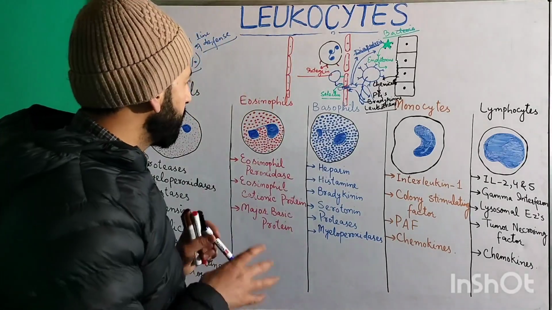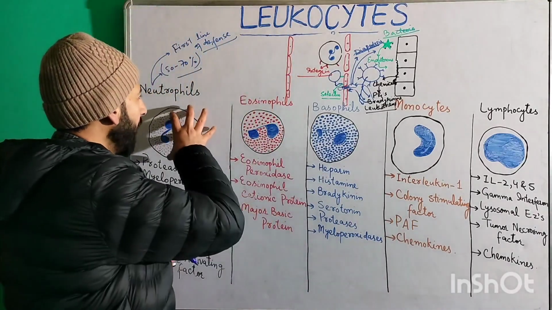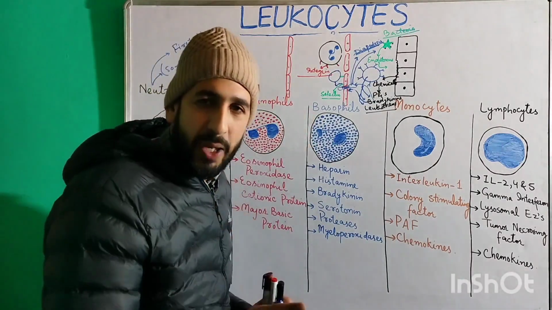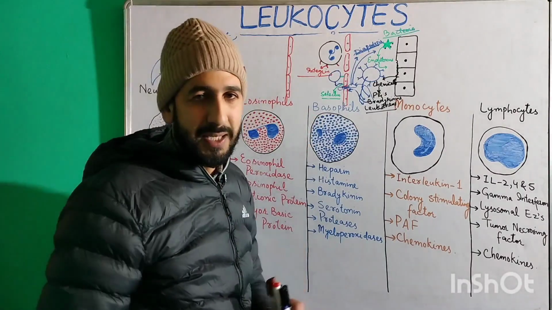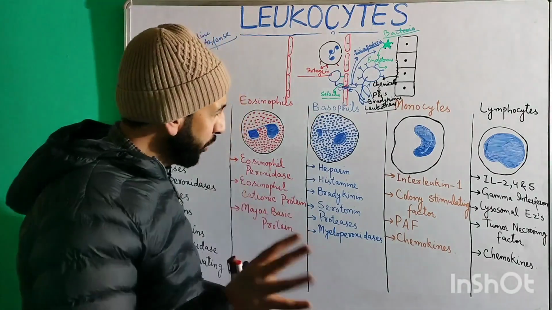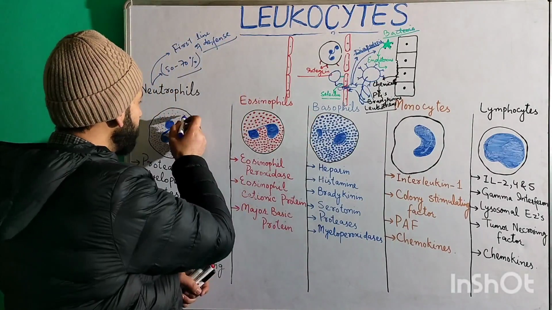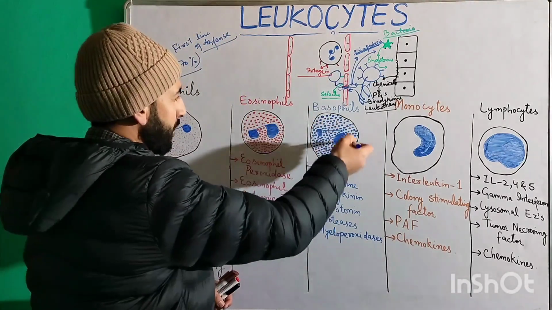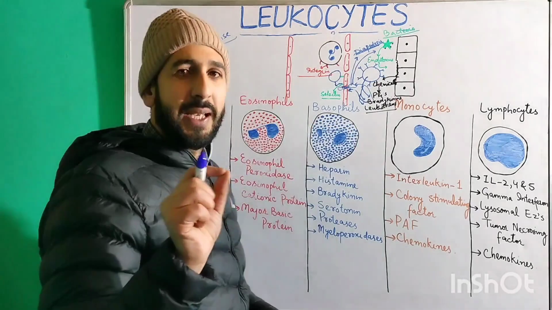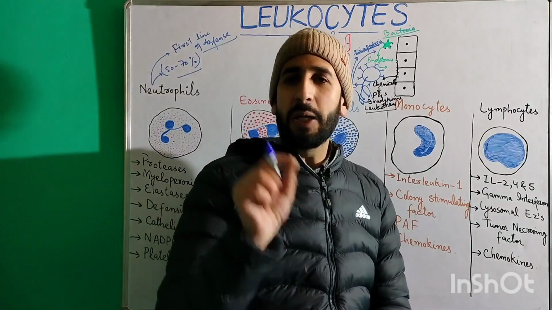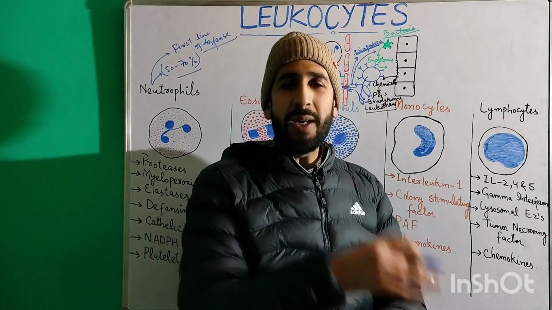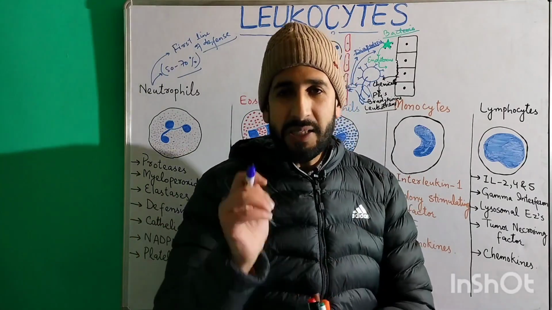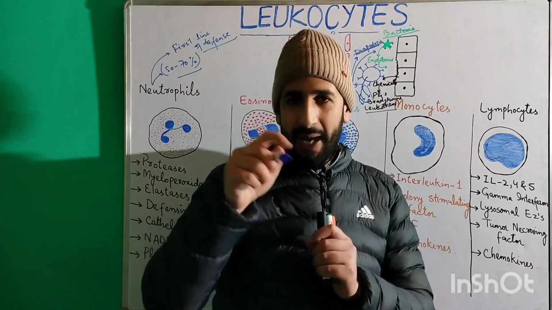I told you in the last class that white blood cells are divided into two types: granulocytes and agranulocytes. In granulocytes, the cytoplasm has granules, and inside these granules is all the material that is very important for the granulocytes to perform their action.